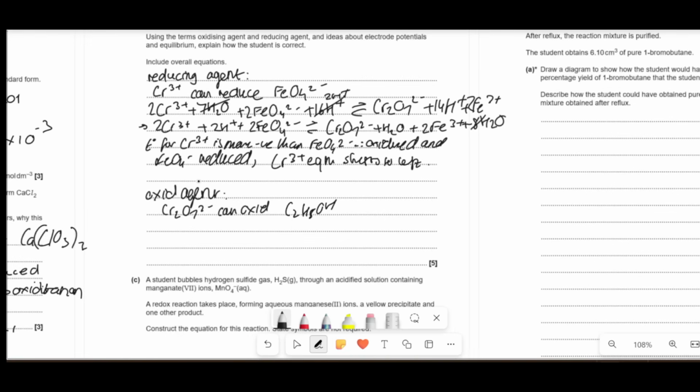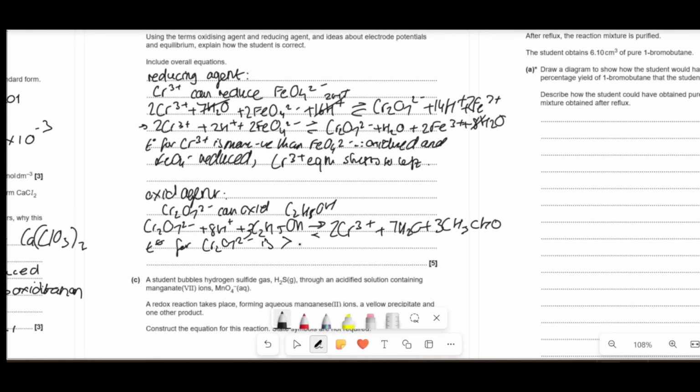So if we do that, we get Cr2O7 2- + 8H+ + 3C2H5OH goes to 2Cr3+ + 7H2O + 3CH3CHO. And the reason is that the E cell for the Cr2O7 2- is greater than the E cell for the C2H5OH.